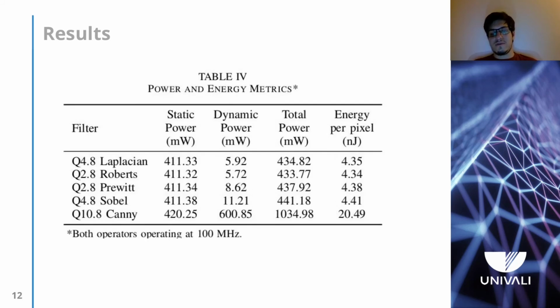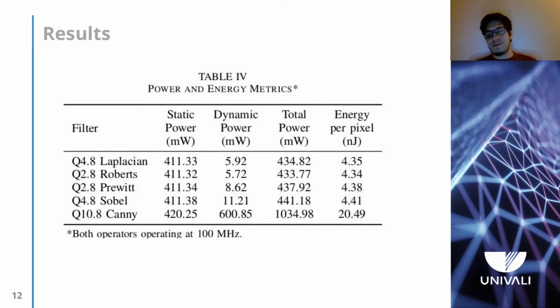In table 4 I present the power and energy metrics. We can see that Canny consumes a lot more dynamic power than the other ones, while the static power between each of them is not that different.